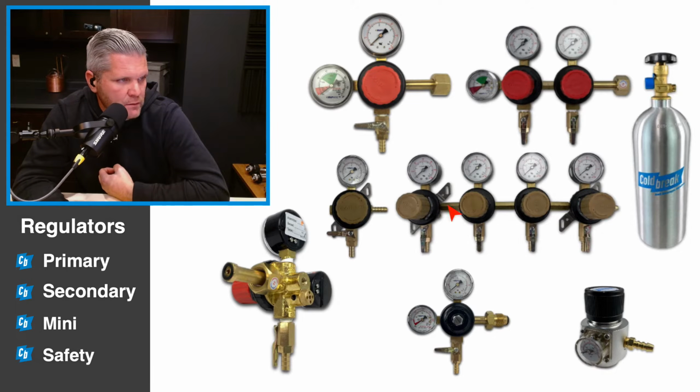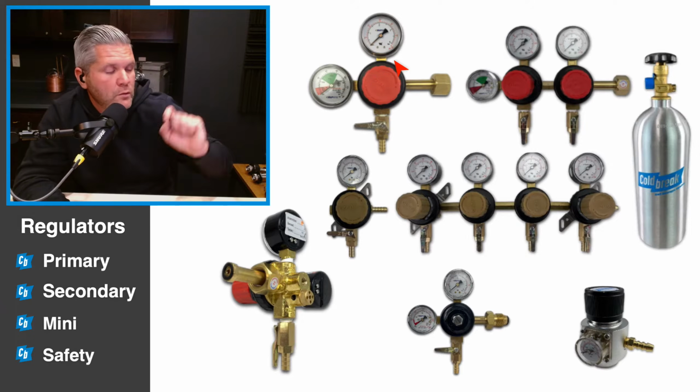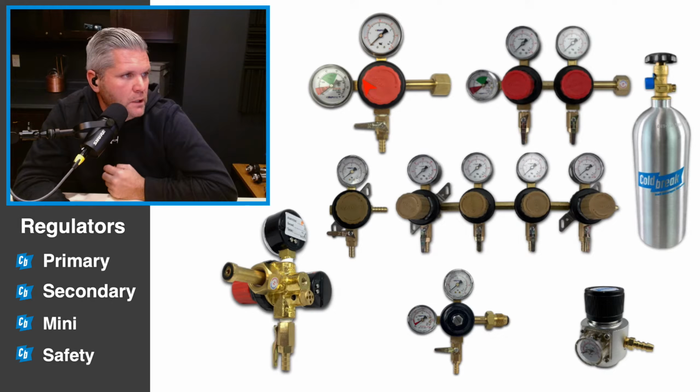They look almost identical, but these ones have barbs on the end, and they don't attach to a CO2 tank or a nitrogen tank. So this one would connect to the CO2 tank, you run the gas out of here at a higher rate, and then you connect the two with tubing, and you can dial in your keg from the secondary regulator.